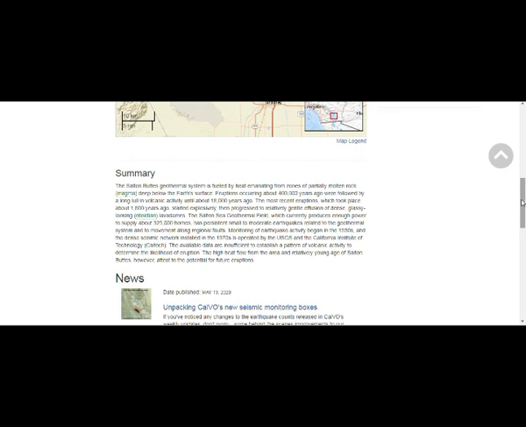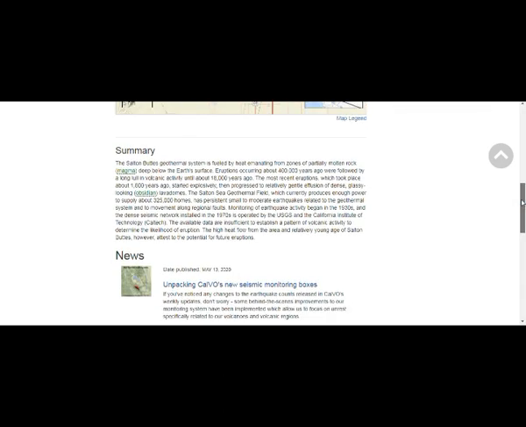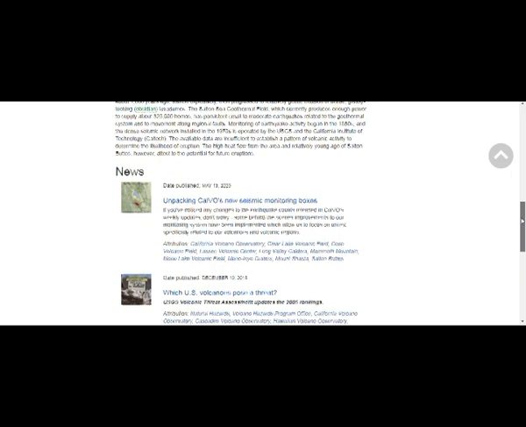The available data are insufficient to establish a pattern of volcanic activity to determine the likelihood of an eruption. The high heat flow from the area and relatively young age of Salton Buttes, however, attest to the potential of future eruptions. And this is according to USGS.